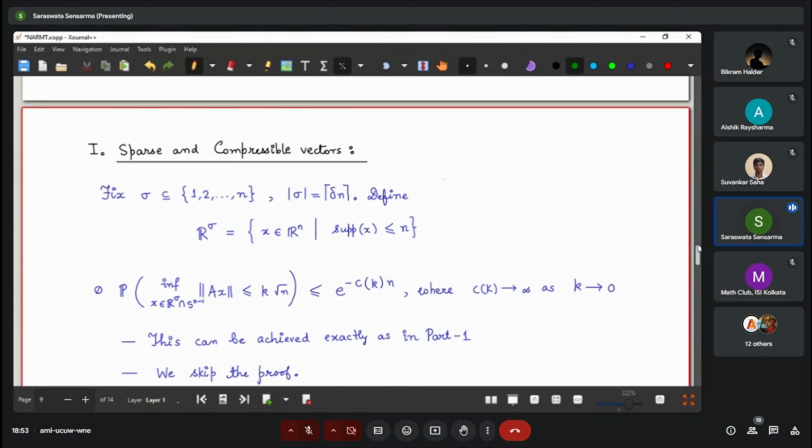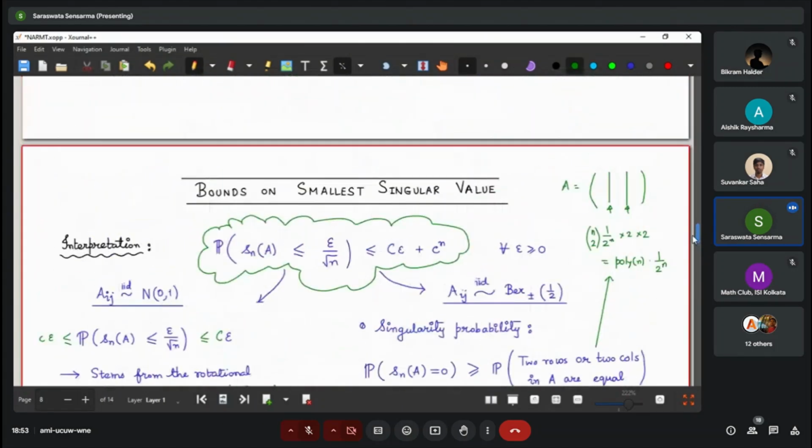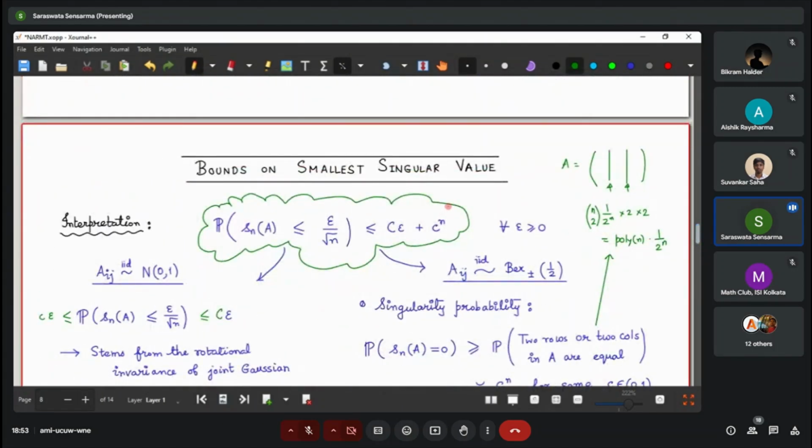These sorts of geometric ideas have surfaced only recently. By the way, something I should have said before is that bounds on the smallest singular value are very, very recent results. These bounds were obtained by Mark Rudelson and Roman Vershynin in 2008.